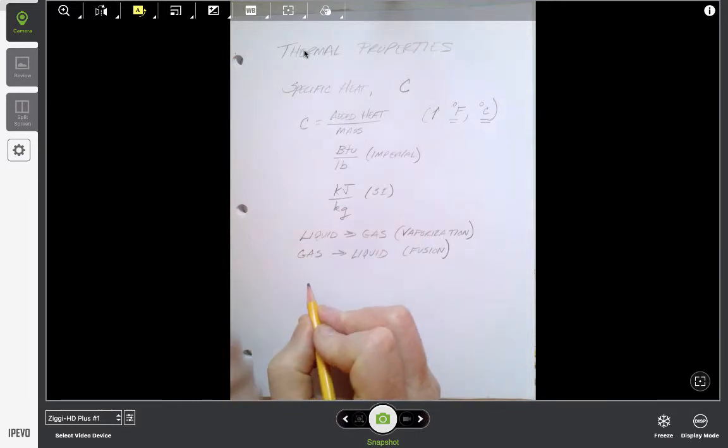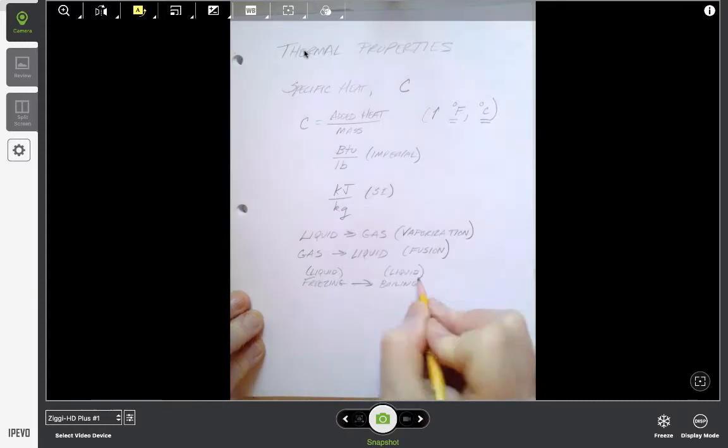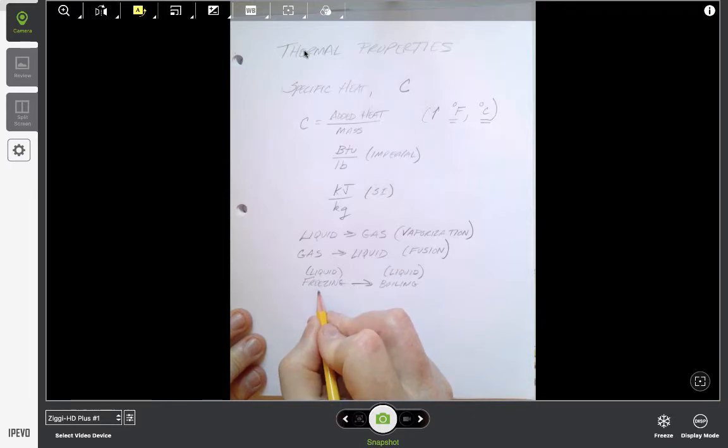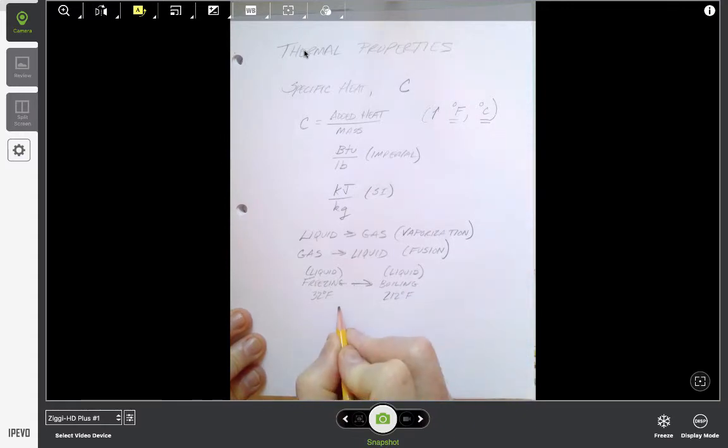For instance, to take water from freezing liquid to boiling liquid, so from 32 degrees Fahrenheit to 212 degrees Fahrenheit, the amount of heat added is about 1 BTU per pound per degree Fahrenheit to raise the temperature.